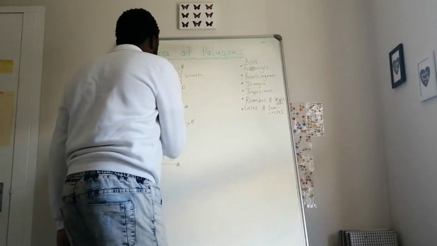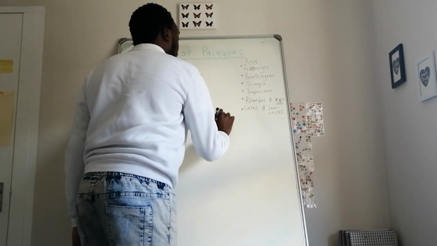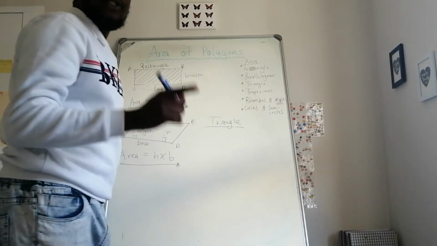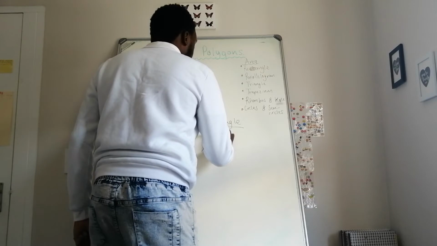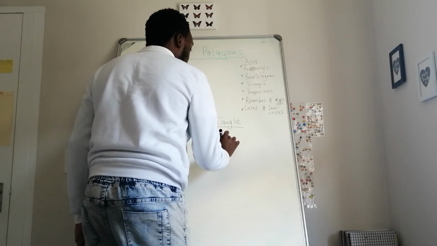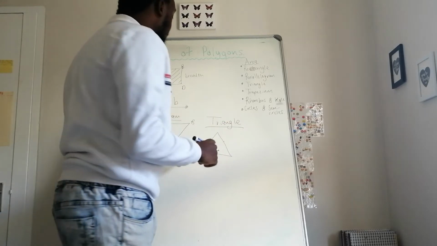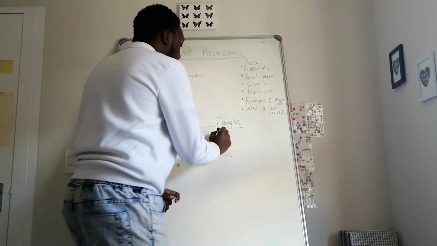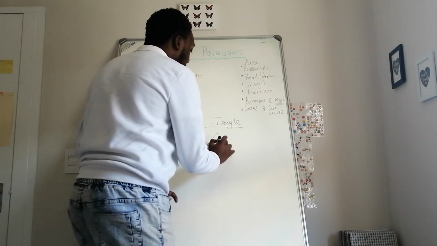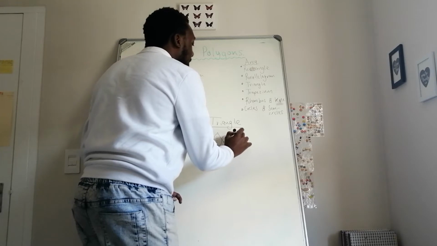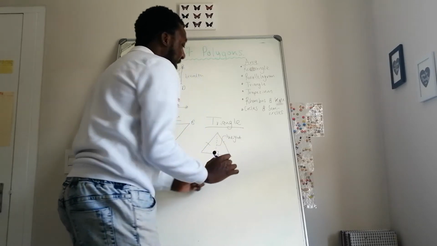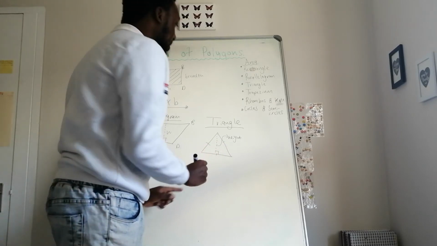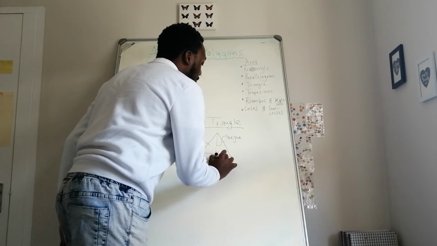A triangle. For the area of a triangle, let's take a right angle triangle, where, no, not a right angle triangle, an equilateral triangle where all these sides are equal. For the area of that triangle, you'll obviously need the height of the triangle, right? Obviously the height makes a perpendicular, a 90-degree angle there with our base, and you're going to need the base of the triangle.